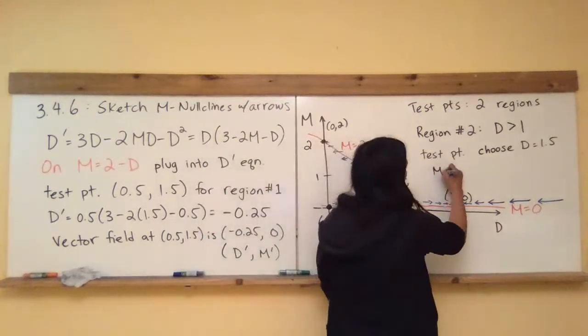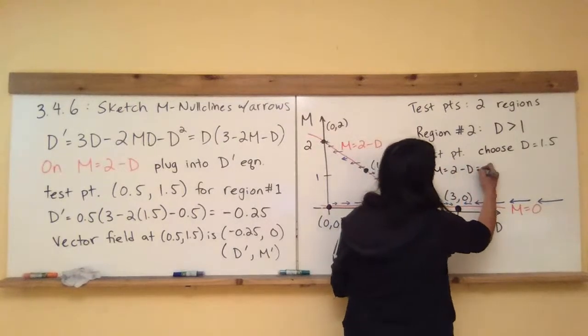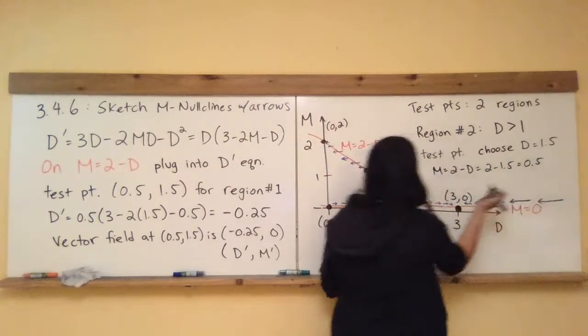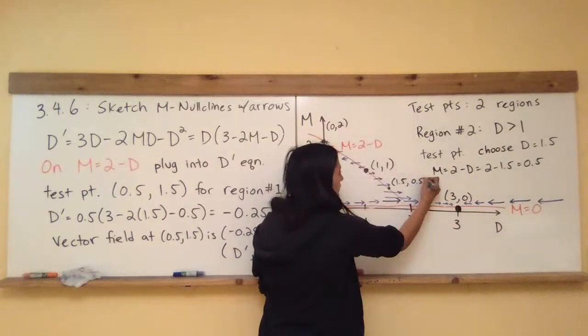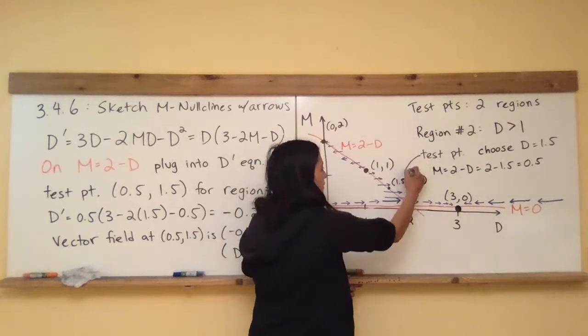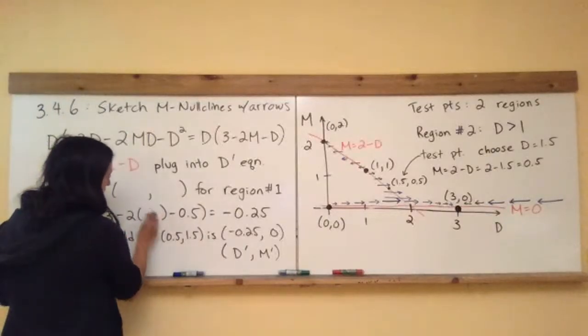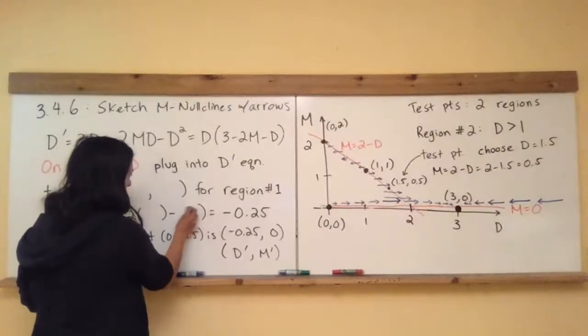And so m is equal to 2 minus d, which is 2 minus 1.5, which is 0.5. So that's where I got the second component of my test point. That's my test point. I can actually keep most of my writing on the board.